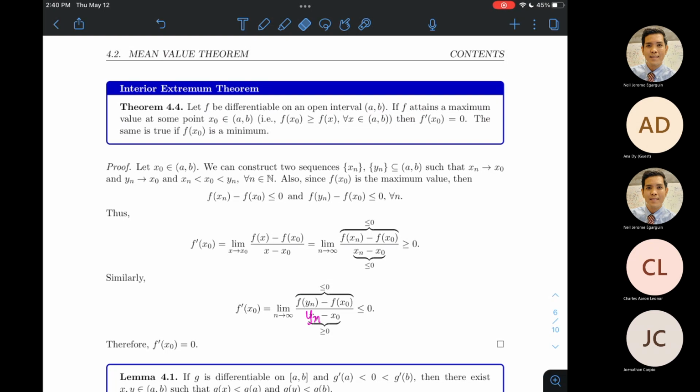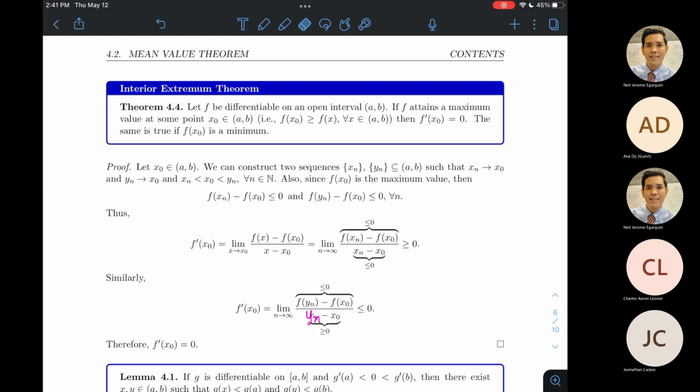That's why in Math 36, our first step in optimization is to take the derivative, equate it to 0, and the roots of that equation will be what we call the critical numbers. And the critical numbers are the possible candidates para maging relative maximum or relative minimum. And essentially, that's what the interior extremum theorem is telling us, okay?